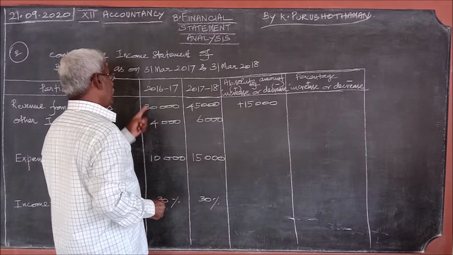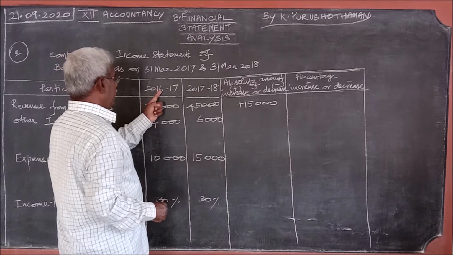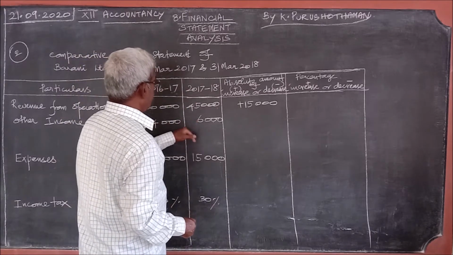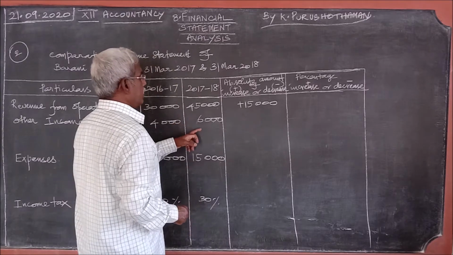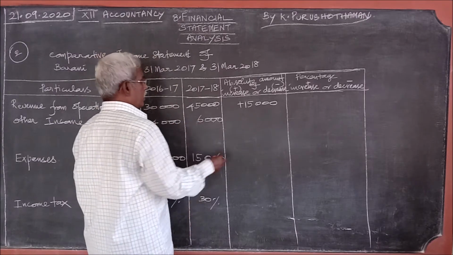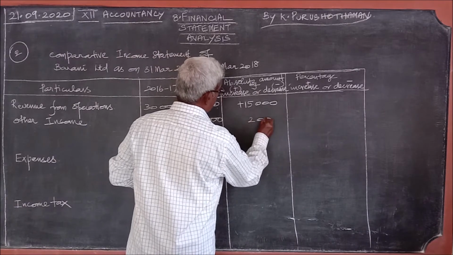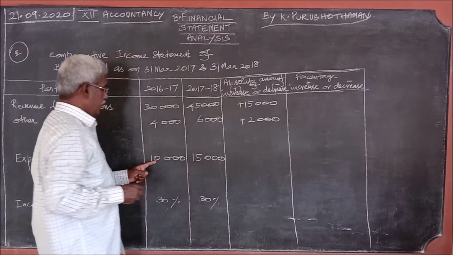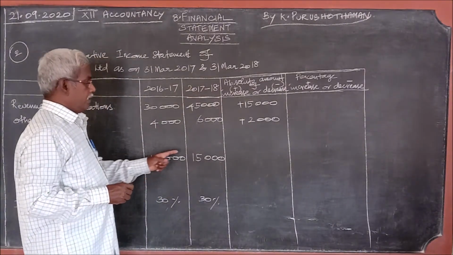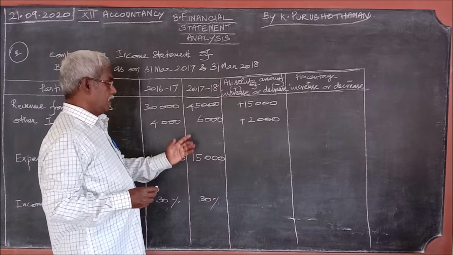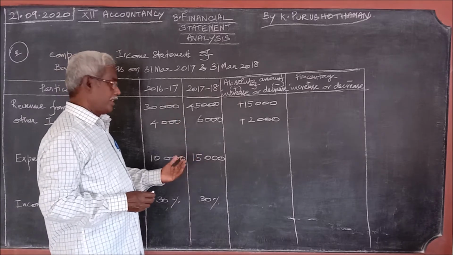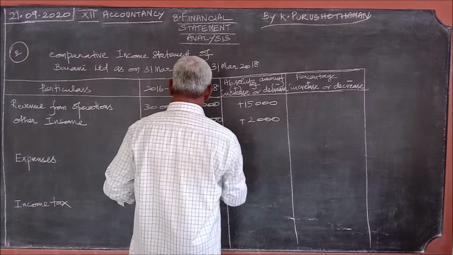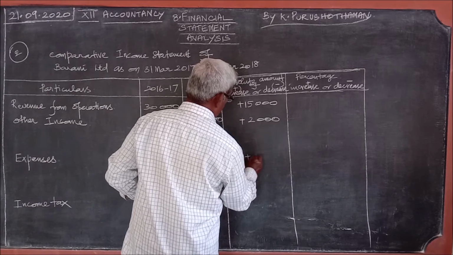First year 4,000. In the second year, 6,000. Increase, how much? 6,000 minus 4,000, 2,000. This is an increase. Then regarding the expense, first year 10,000, second year 15,000. Increase only, 15,000 minus 10,000, 5,000 plus.